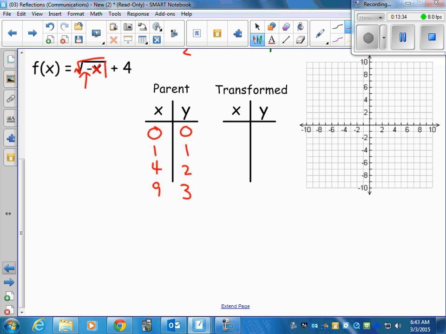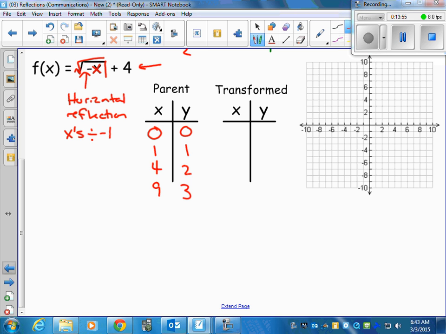So we have a negative on the inside, plus 4 on the outside. So we have a horizontal reflection, and it's going to be our x's divided by -1. Let's just keep that opposite operation in mind.